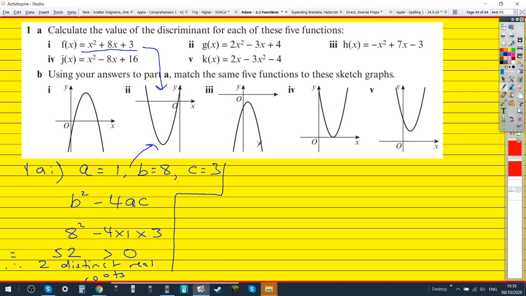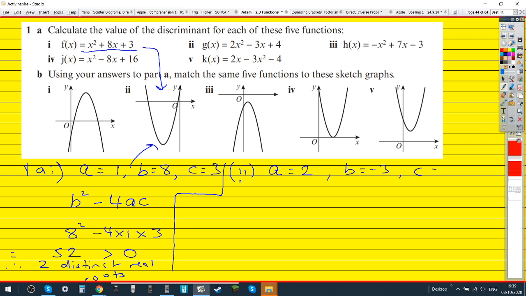Question 1a, part 2. Okay. So b squared minus 4ac, so we write out 2x squared minus 3x plus 4. So a would be 2, b would be minus 3, and c would be 4.